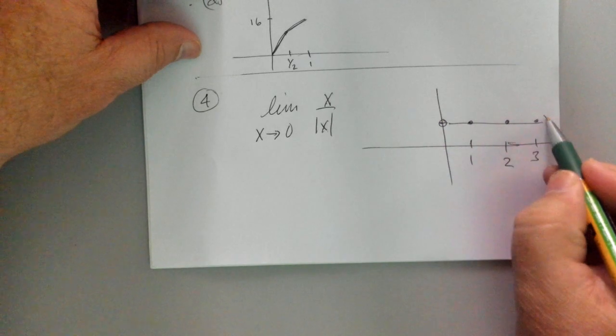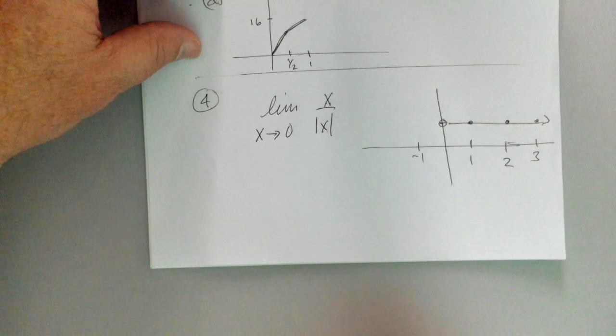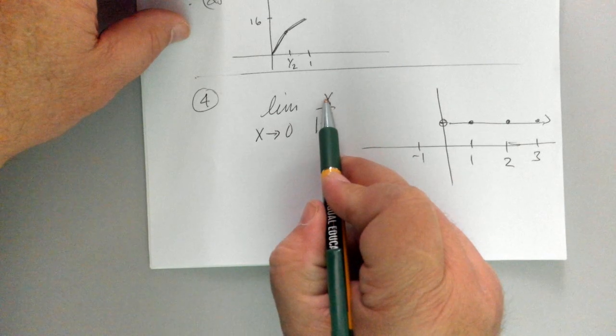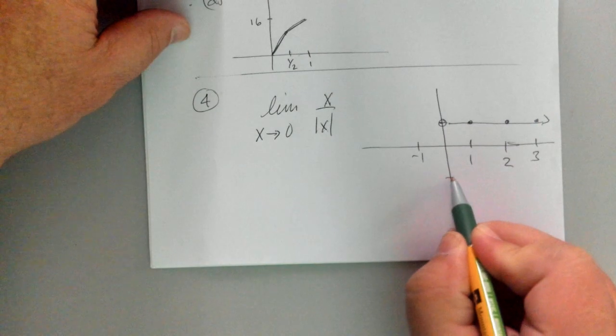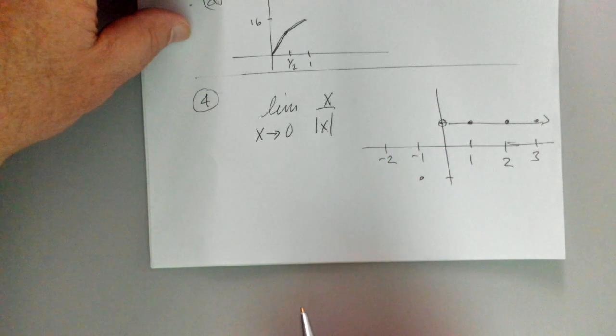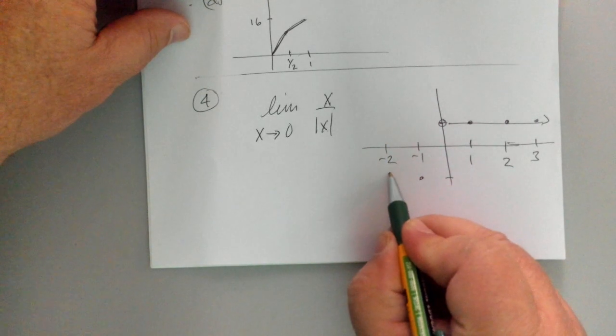What happens if it's negative 1? Negative 1. Because the top is negative, the bottom is positive, so it's negative 1. When x is negative 2, negative 1 again.